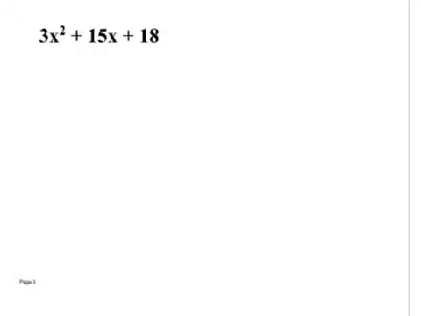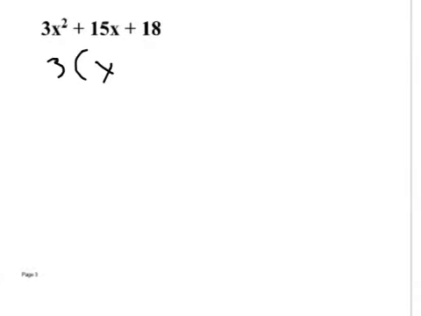Now we look at this, but there's something that should stick out to you. It's something you should look for first. You couldn't have done it in the problem before, but in this one you can. Does anyone see something that's common between 3x squared plus 15x plus 18? 3 goes in all of them. So I can factor 3 out.